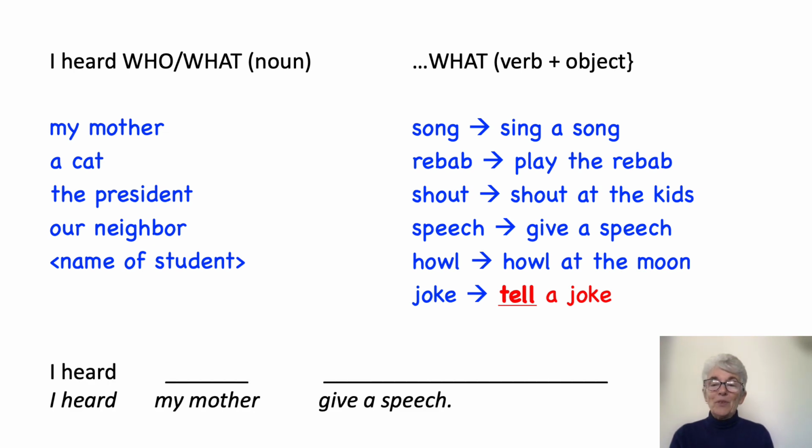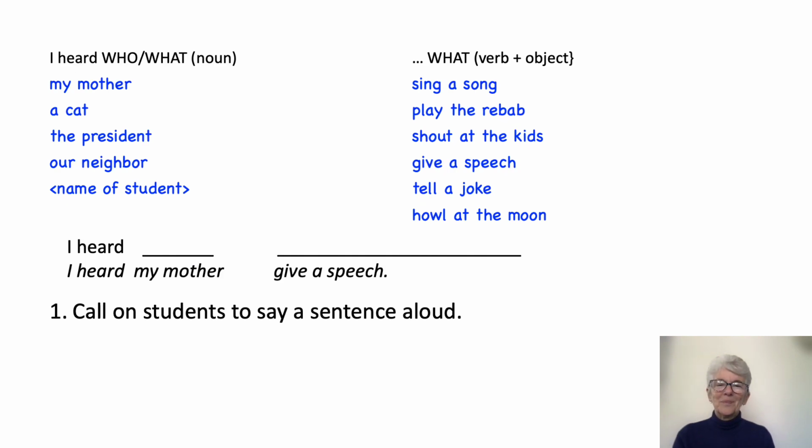And then I provide the model sentence and an example. Depending on the class level, I may give students a chance to try to make up sentences in small groups first, or I might just call on them to say a sentence.